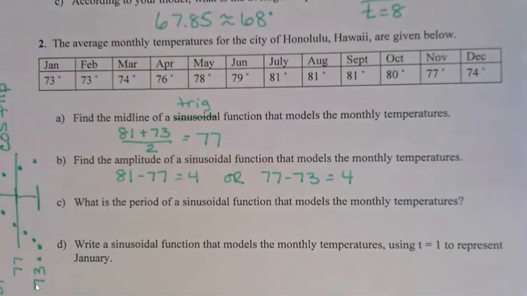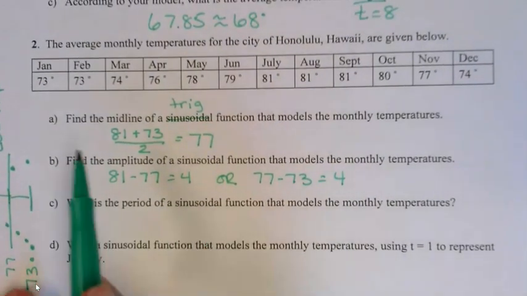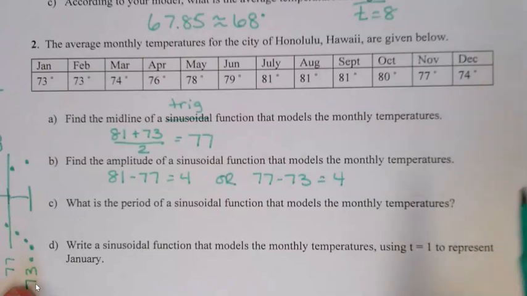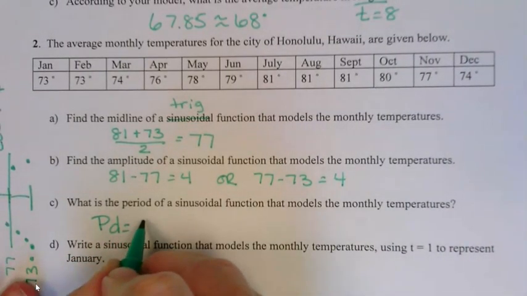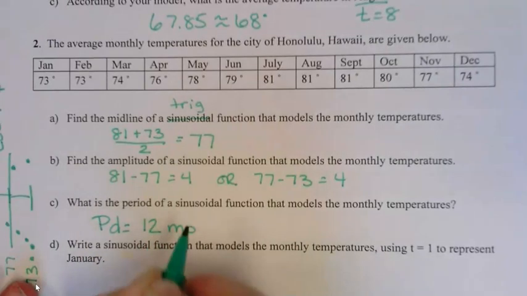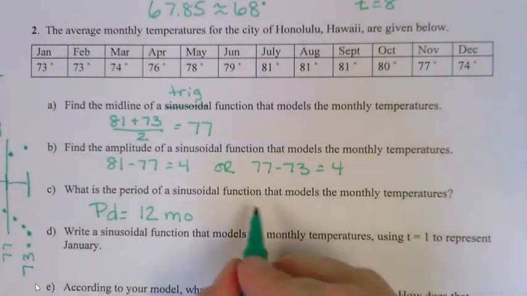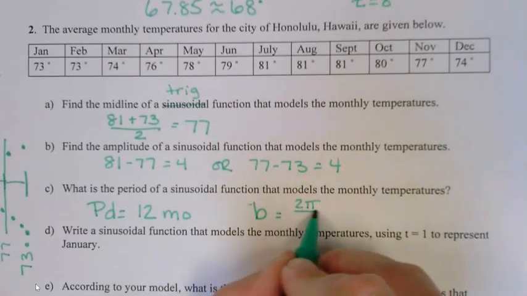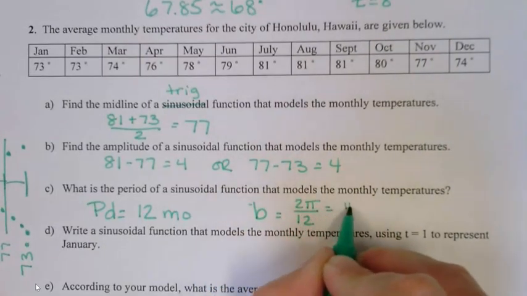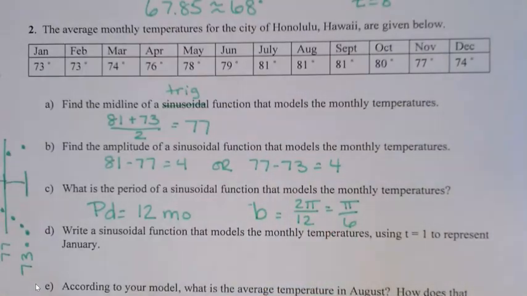Okay. The period, how long did we measure? And if you see here, there's 12 months. So our period is 12 months. So let's go ahead and calculate B, because you know that's coming. So 2 pi divided by 12. Reduce it to pi over 6. Okay. We need to write an equation.